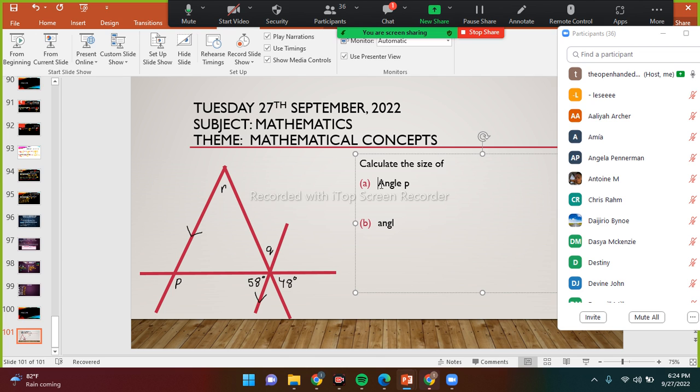It's supposed to be lowercase, because that's how it typically is. Then I want the size of angle Q. And then after that I want the size of angle R.